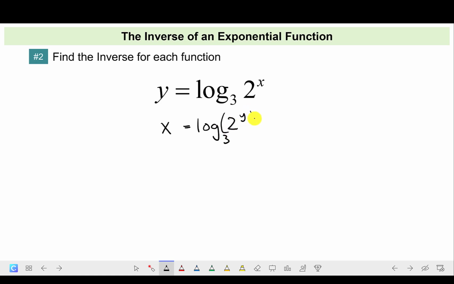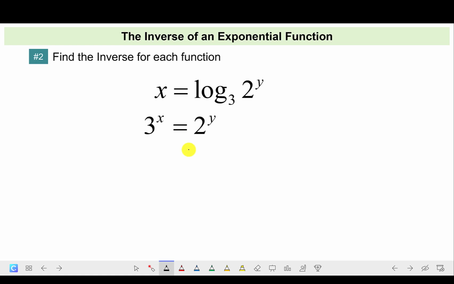I'm going to say 3 raised to the power of 2y returns x. So I'm at this point here. Remember, for it to be an inverse function, I have to have y alone. So y is not alone. But now we do know how to get y alone.